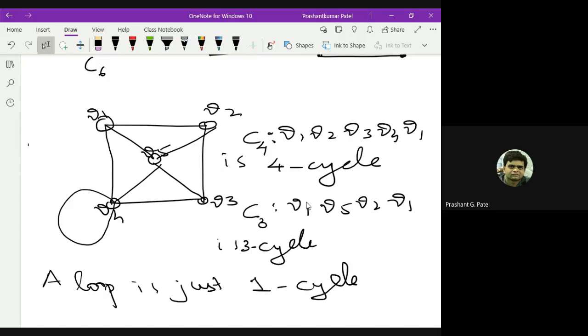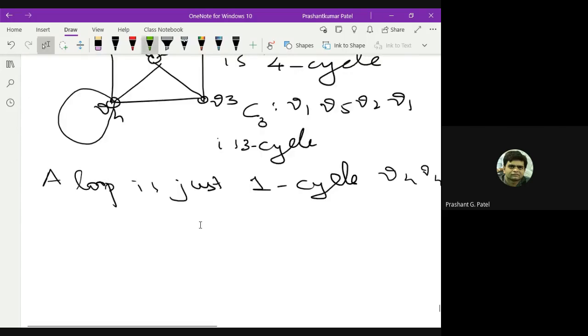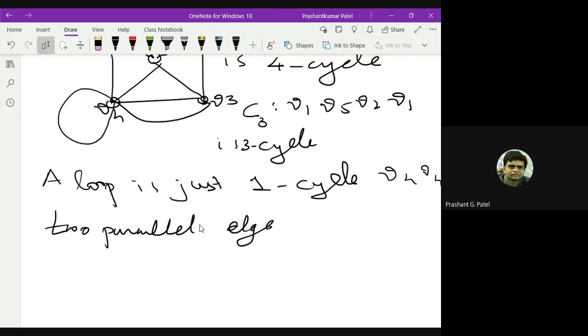One means its length, so it has only one edge. So it is the cycle V4 V4, as per the notation. Two parallel edges, if I have like this, two parallel edges, is a 2-cycle.